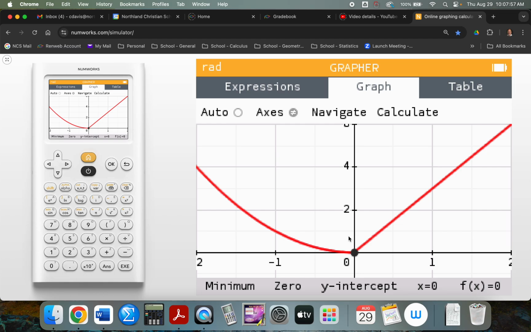All right. So by the way, if you ever want to play around with this calculator, you can use it online, and if you ever want to borrow mine, you're welcome to do it. I'm not advocating that you rush out and buy this calculator.